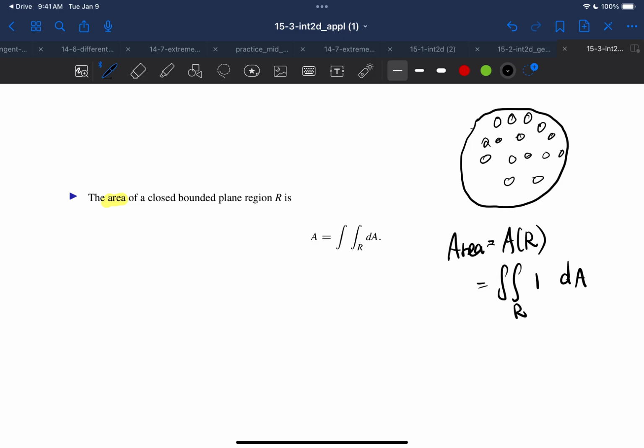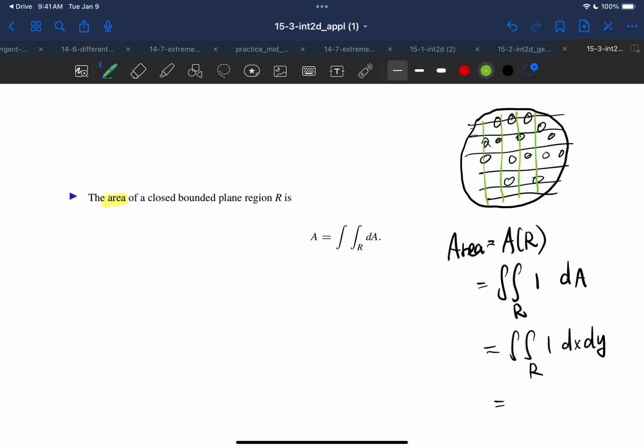If you're collecting horizontally, that gives you 1 dx dy over R. And of course you can change the direction, like you're collecting everything along dy, so dy dx, and that is Fubini's theorem.